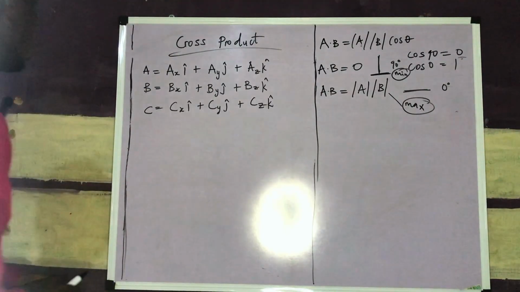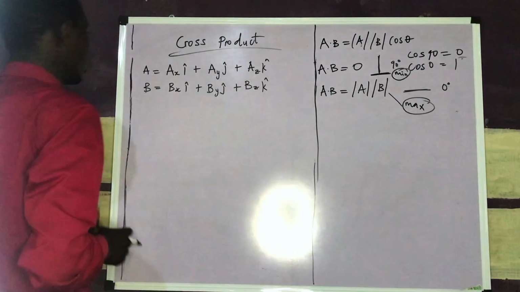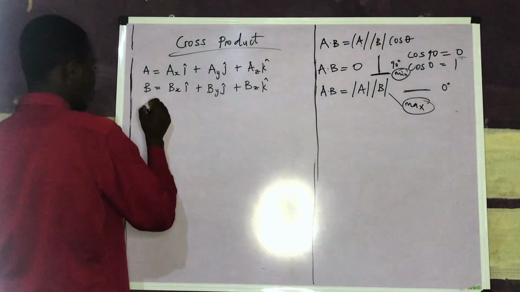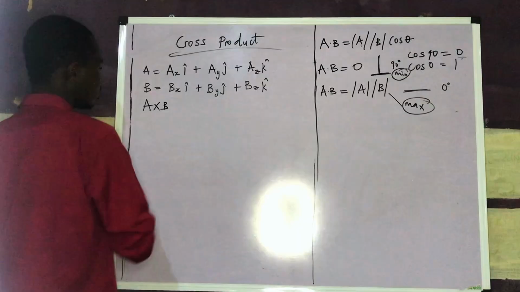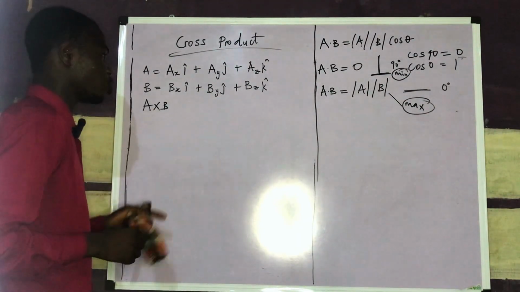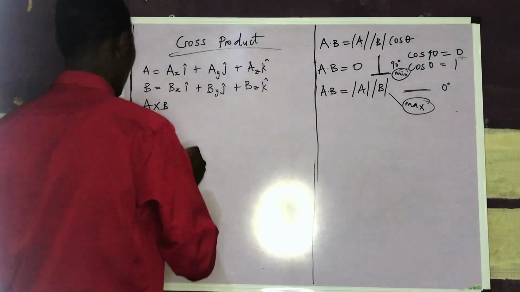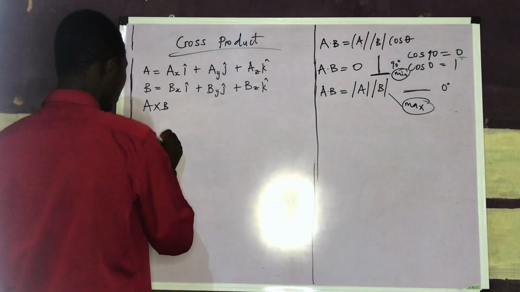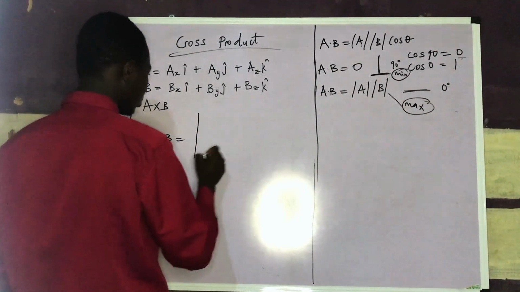Okay, let's go with two first. If we are asked to find the cross product of these two, let's say A cross B, how will you find it? To find A cross B, we are going to use a matrix. That gives us something like this.